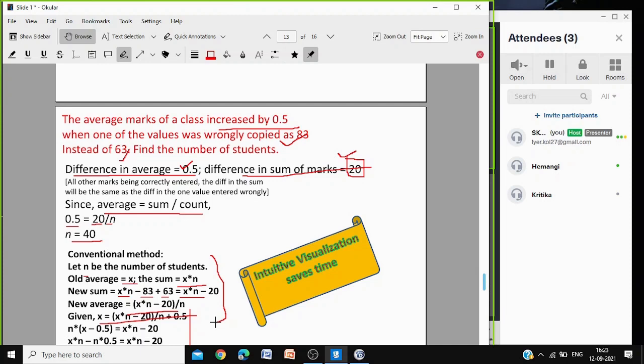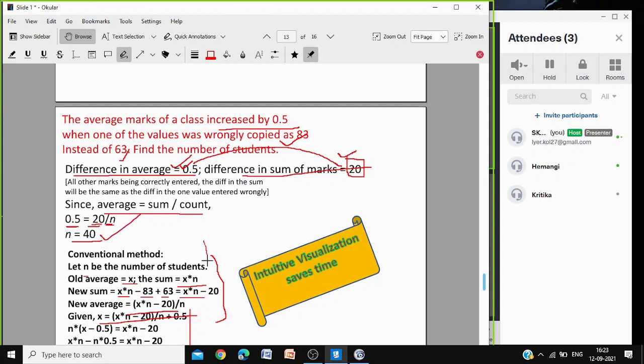So you will get 20 extra in the total, and the average gets 0.5 extra. So a difference of 0.5 corresponds to a total difference of 20.